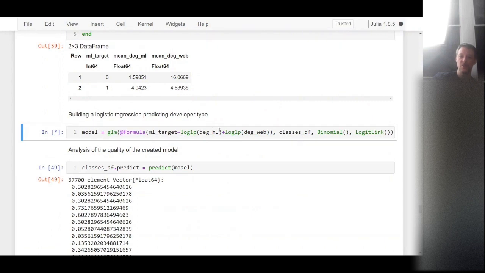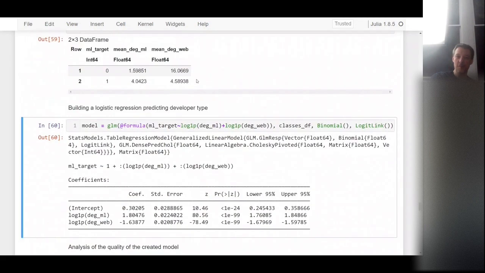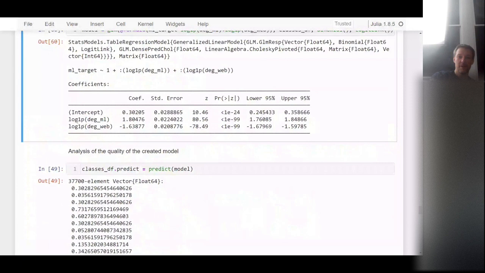And as you can see in Julia, it's very easy to add transformations to the variables in your model just by writing a transformation function in the formula. So we can see the following. Both machine learning and web developers have more web friends, but those variables are indeed informative in the expected way. This number is significantly positive. So what does it mean that logarithm of degree ML has significantly positive coefficient?